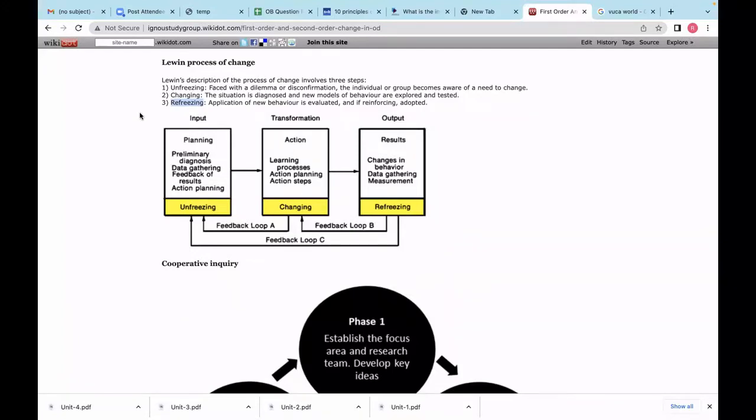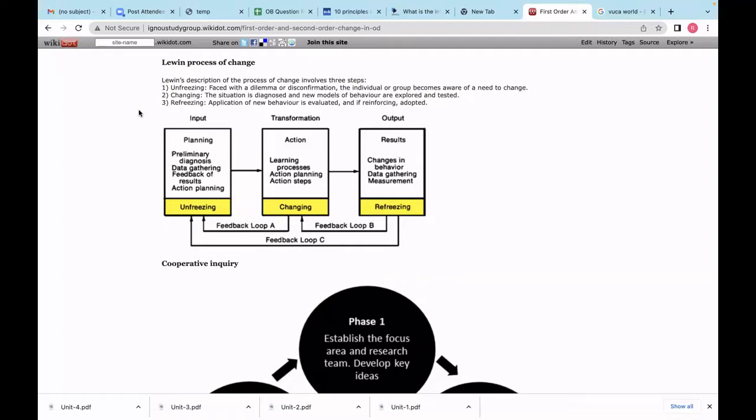Now you are seeing a new result, and then you are telling back again saying, no, no, I like this, or I don't like this, I want to change this part of this, etc. That is refreezing. So you have unfreezing, you have changing, you have refreezing. In other terms, unfreezing is the input, the transformation happening is the action part of it, and you have an output. You have an input, transformation, output.